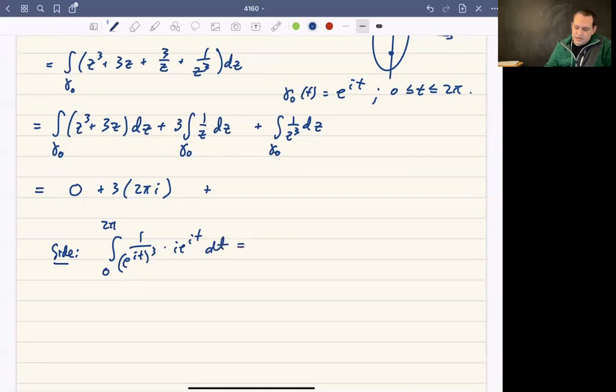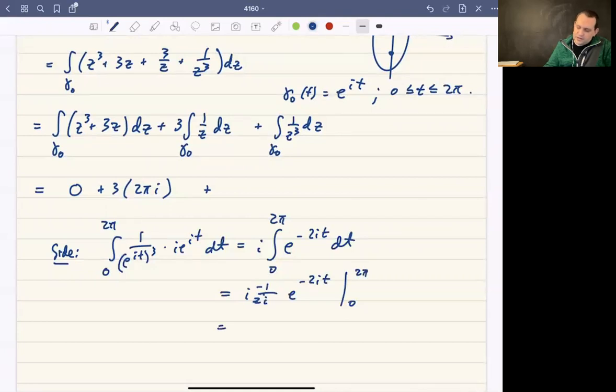You can bring the i out, the integral from 0 to 2 pi. Once you simplify this, it is e to the minus 2it dt. When we integrate, we end up with i times e to the negative 2it divided by negative 2i, evaluated from 0 to 2 pi.